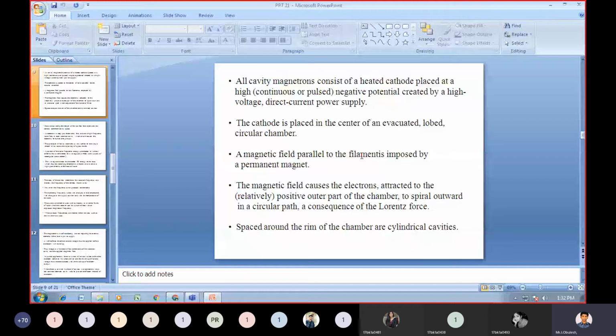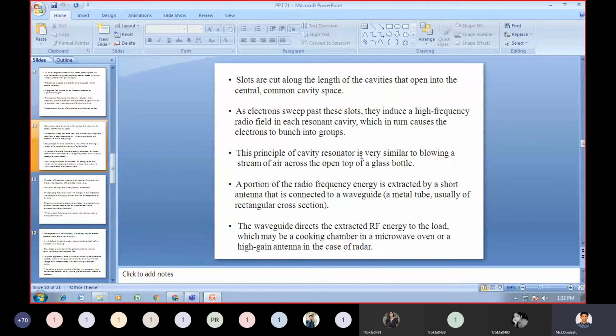Spaced around the rim of the chamber are cylindrical cavities. The slots are cut along the length of the cavities and open into the central, common cavity space.